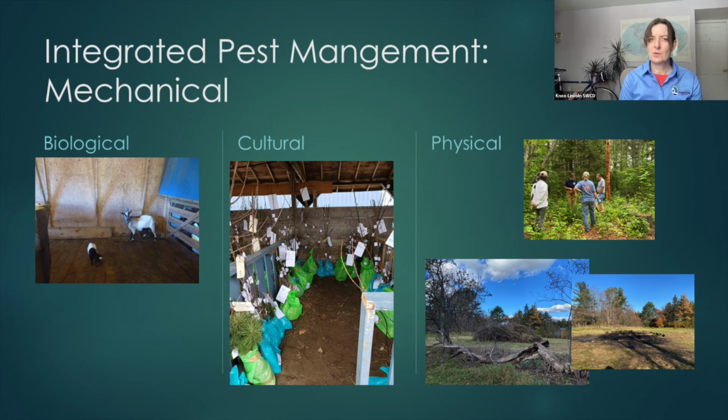We're dealing with woody plants and woodland plants this evening, so we don't have that type of biological control for the species we've mentioned, but we do have goats, and goats can be a very effective herbivore. They are fairly non-specific eaters. I am not a goat specialist by any means, but there's a lot of evidence and research on the use of goats for managing a number of woody invasive plants.